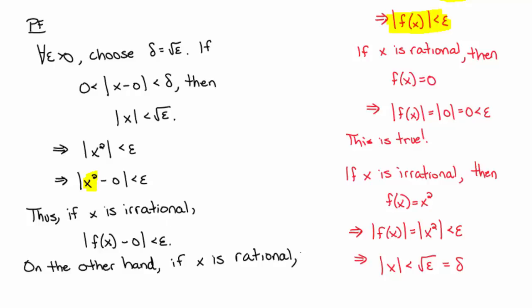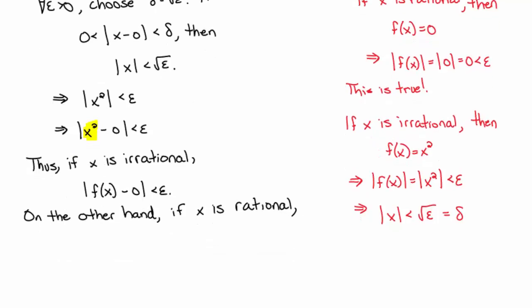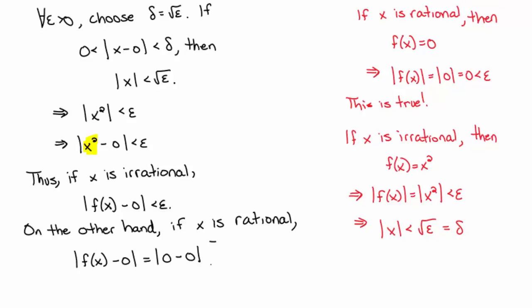On the other hand, if we happen to be handed an x value that's rational, well, the absolute value of f of x minus 0 is the same thing as saying I have the absolute value of 0 minus 0, because x is rational and f of x therefore is 0. And that is equal to 0, which is by definition less than epsilon.